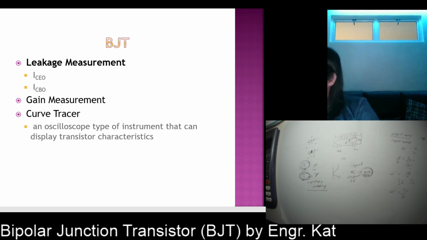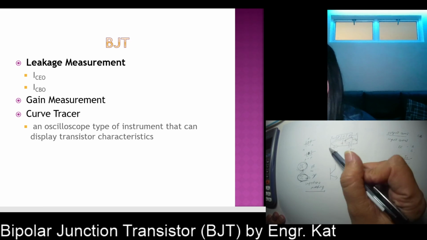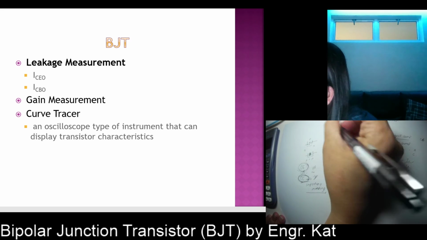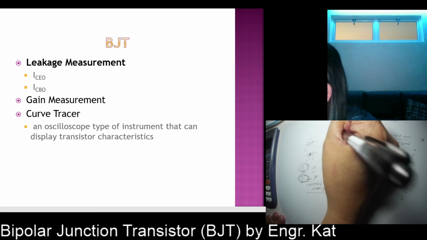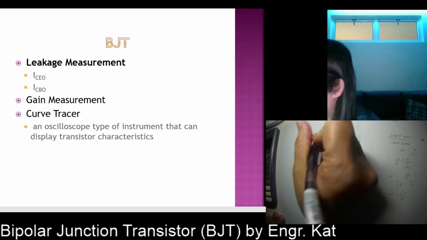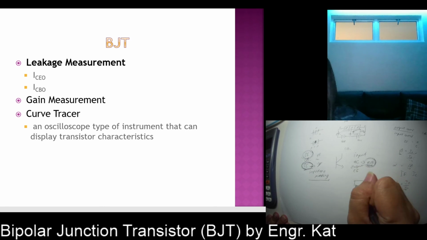So as you can see here, this is your emitter, your base, and your collector. The emitter to base is usually forward biased. So for example, let us place a source here and a load resistance here.